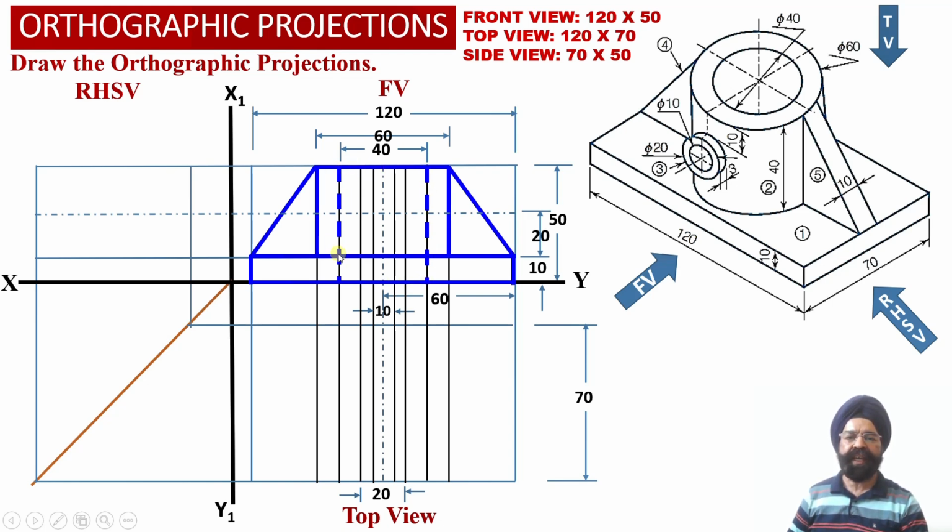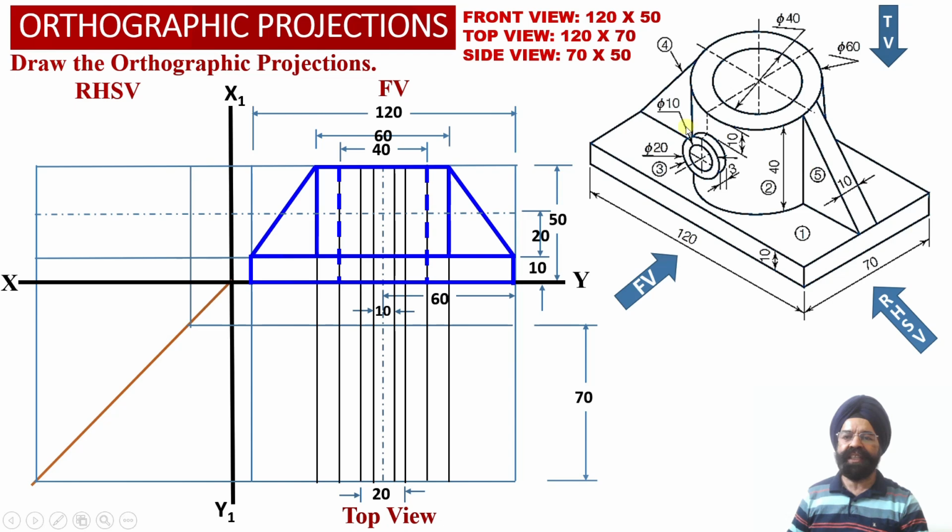And now we can check this hole, it is going up to the bottom surface of this particular object over here. Now corresponding to element number 3, here we have two triangular webs, one on either side of this hollow vertical cylinder over here.